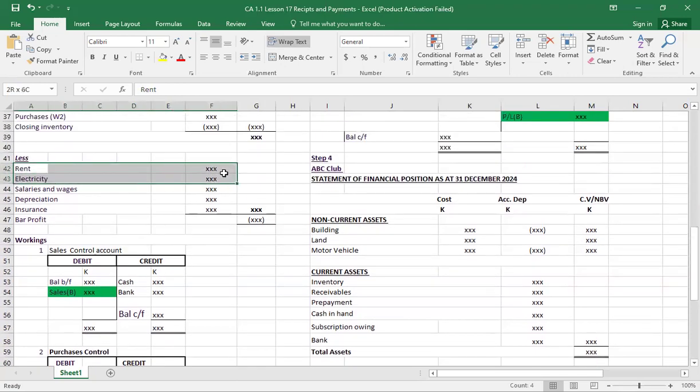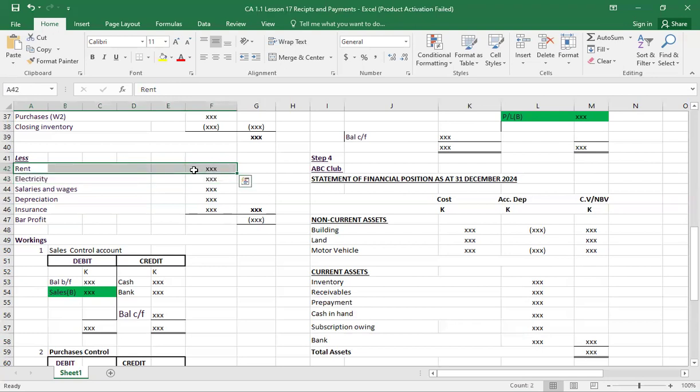So the rent, if there's any rent, any electricity, any salaries and wages, things like depreciation, insurance. But again, the depreciation is not for the whole club, but the one that is specifically for the bar. And then this electricity also, or rent, or any other expense, there might be accruals.